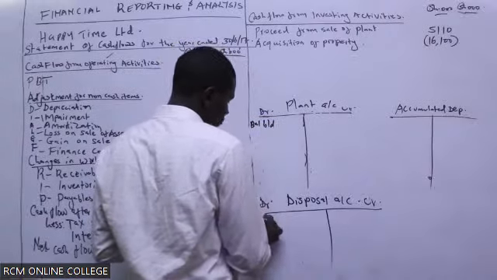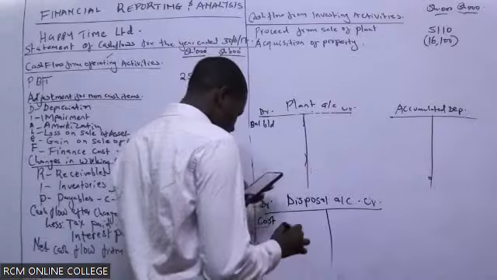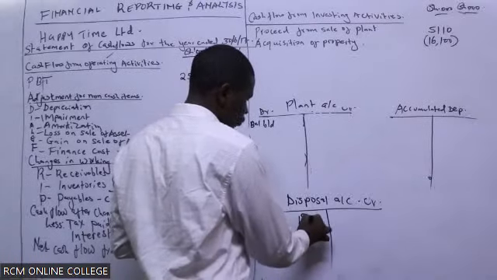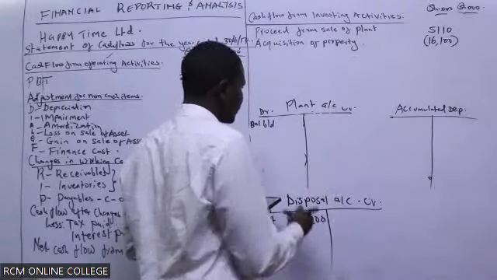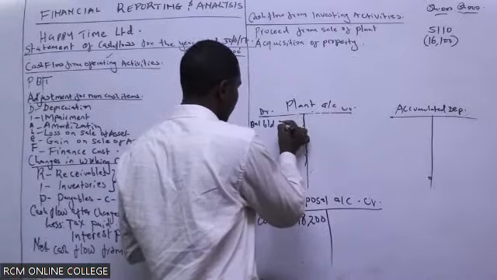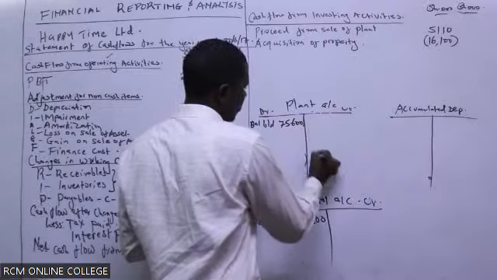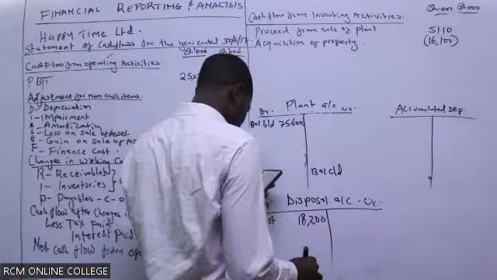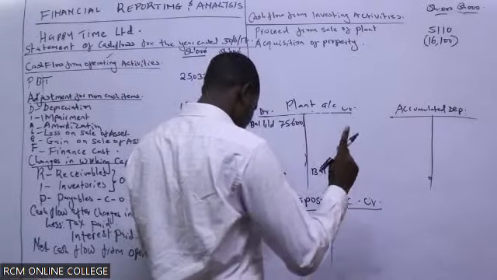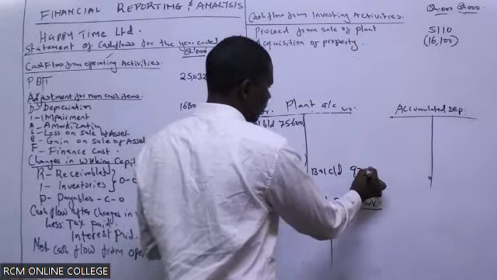Then kwa disposal hapa tuko na cost. Cost of disposal ilikuwa 18,200. Hizi vitu unaziweka concurrently. Lazima ziende concurrently. So 75,600. Balance carry down hapa ilikuwa ngapi? 93,800.